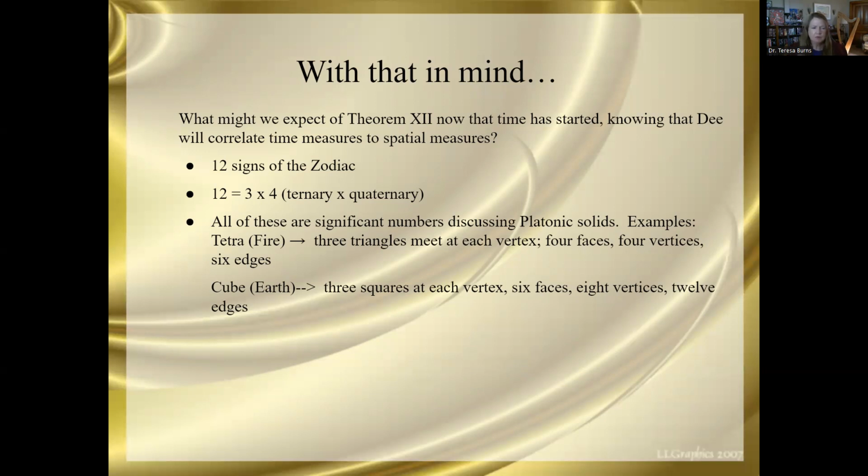You have 4 faces, 4 vertices, 6 edges. All of those are numbers you can associate with 12 or divide into 12. A cube or a hexahedron, you have 3 squares in each vertex, 6 faces, 8 vertices. That's the hidden octad, if you remember from that theorem. 12 edges. And I'll leave you to do the icosahedron and octahedron on your own, the octahedron being a dual of the cube.